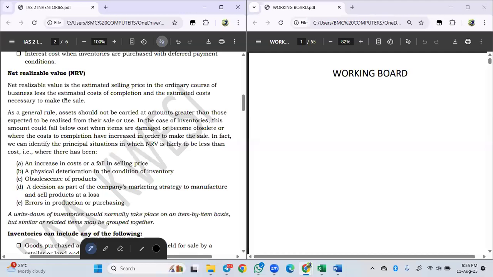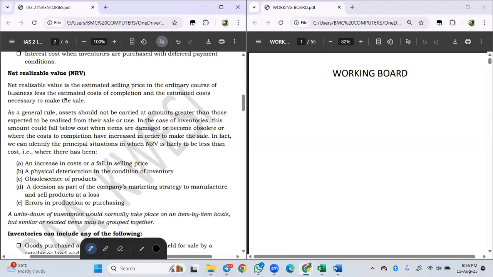Okay, so I think this term will be needed in the subsequent standards. The NRV is the estimated selling price in the ordinary course of business, less the estimated cost of completion and the estimated cost necessary to make the sale. So it's just the selling price minus the cost to sell and also the cost of completion.